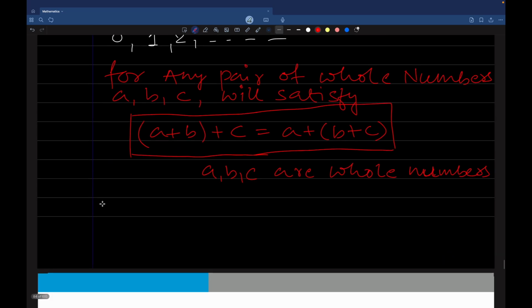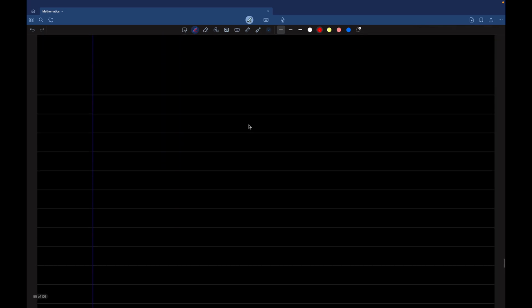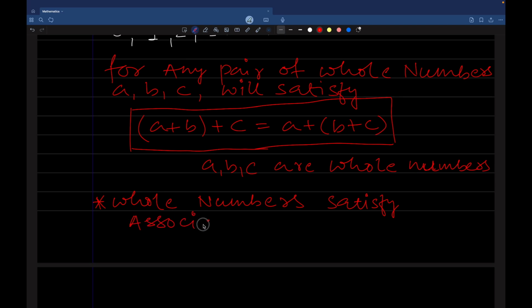Hence, whole numbers satisfy associative property.